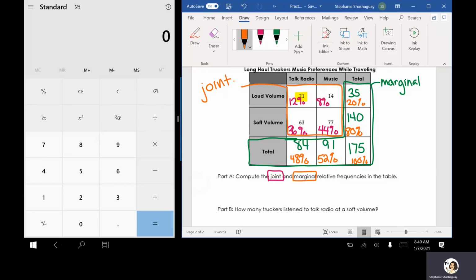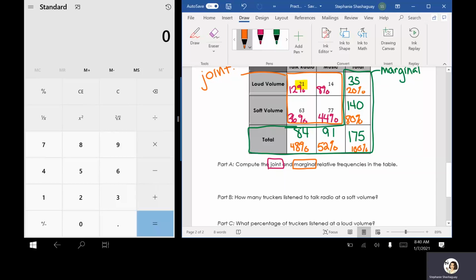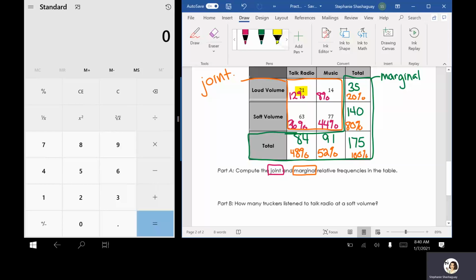Part B, how many truckers listen to talk radio on soft volume? Okay, soft volume talk radio, that's going to be this square right here, and that answer then is 63.